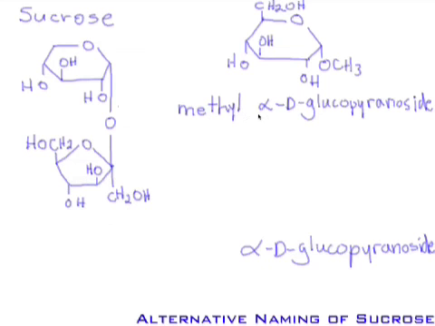Well, we don't say methane. We dropped the ane and added YL. We're going to drop the E and add YL. We're going to put beta D fructofuranosyl.